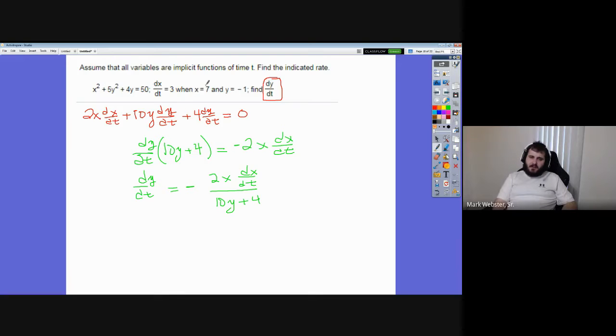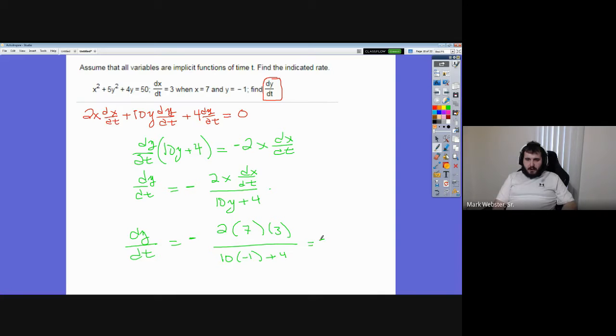We know x is 7. We know y is -1. We know that dx/dt is 3, so we can just plug all those things in. Two times 7 times 3 all over 10 times -1 plus 4.